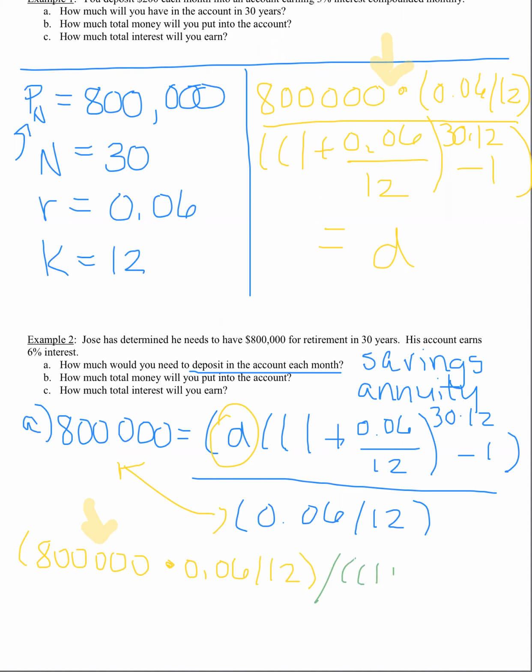So 1 plus 0.06 divided by 12. Sorry, I'm running out of room here. Caret, 30 times 12 minus 1, close parenthesis. So it's exactly what I had up there. All right, you might want to go ahead and pause that while you write it down, because I'm about to clear the screen.